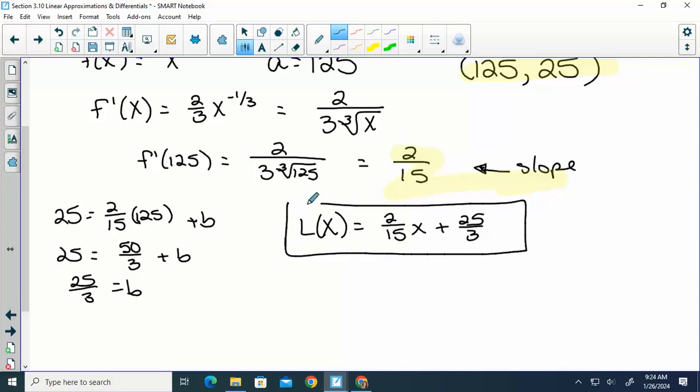Am I done? What did I need to approximate? 122. Alright, go ahead and put this in your calculator. Tell me what you get. 2 over 15 times 122 plus 25 over 3.